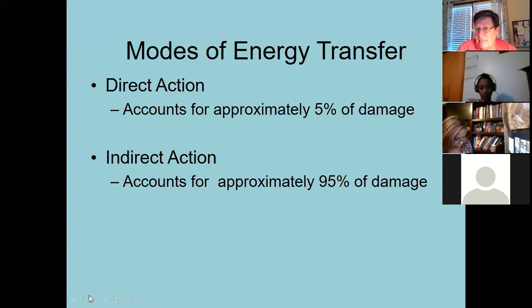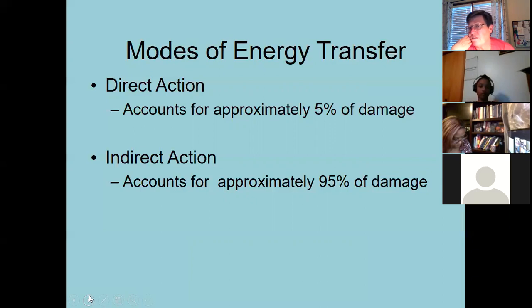That's not very likely. So estimates say that direct action accounts for approximately 5% of the damage. It's much more likely that we would have indirect action, where the incoming photons hit water molecules, the water molecules dissociate, or the water ions that are produced dissociate or break apart, producing free radicals that ultimately damage the target.